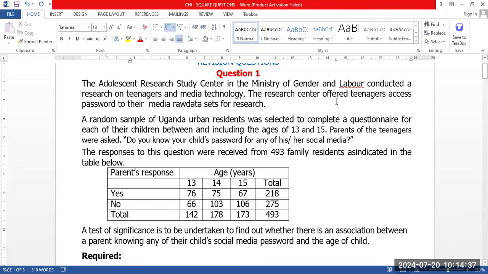The research center offered teenagers access passwords to their media raw data sets for research. Of course, you need data, and for you to get data, you must first seek access to this data. Without access, of course, you cannot get data, cannot get information.